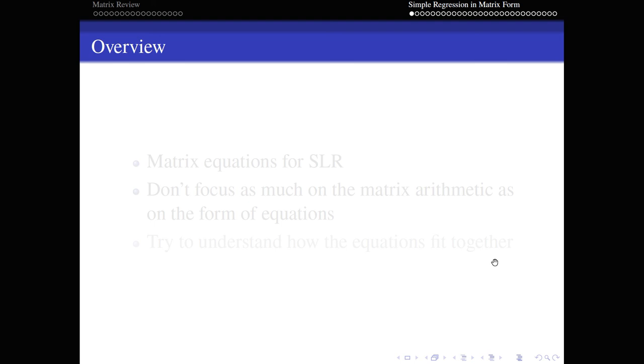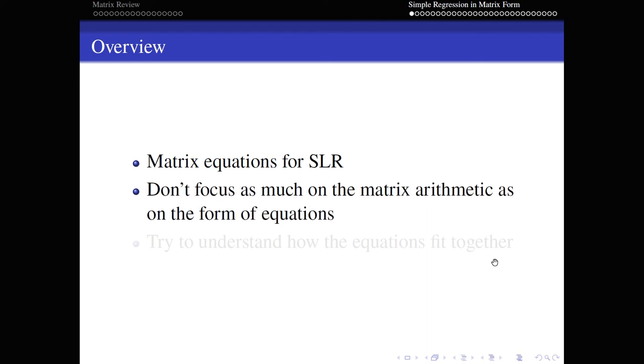All right, now this has concluded our discussion and review of matrices. With all these tools, we are ready to jump into the next section, which is the matrix equations for simple linear regression, where we're going to focus not as much on the matrix arithmetic, but on the format of the equations and understanding how the equations fit together.